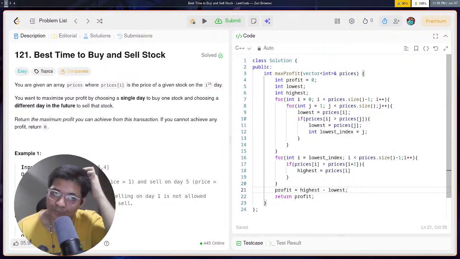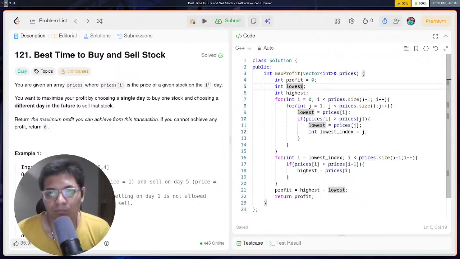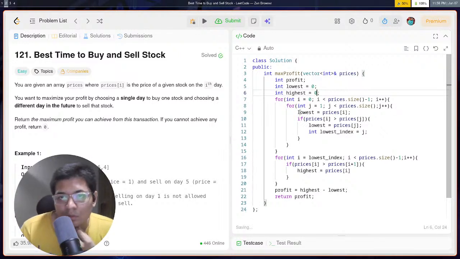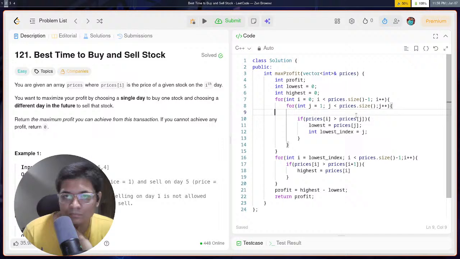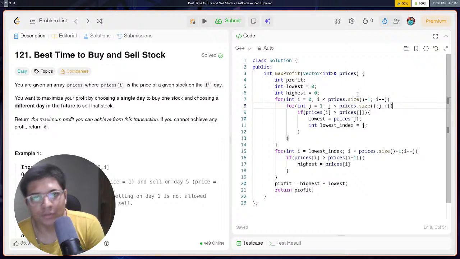Let's check one more time. Profit is equal to 0. Let me initialize this one too. Lowest is equal to prices j.